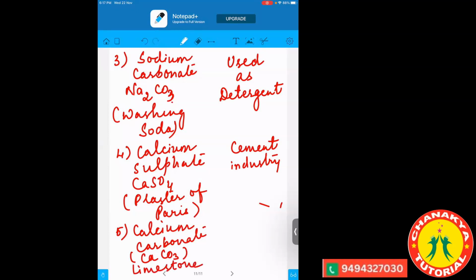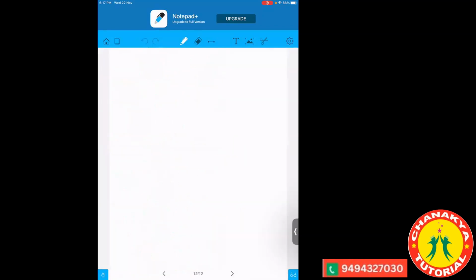You might have seen before, if you want to paint your house, the painters will first put a white color paint-like thing on it, right? That is basically the limestone. So it is used in the construction of buildings. That base they will use first before doing the paint. So that is what limestone is.